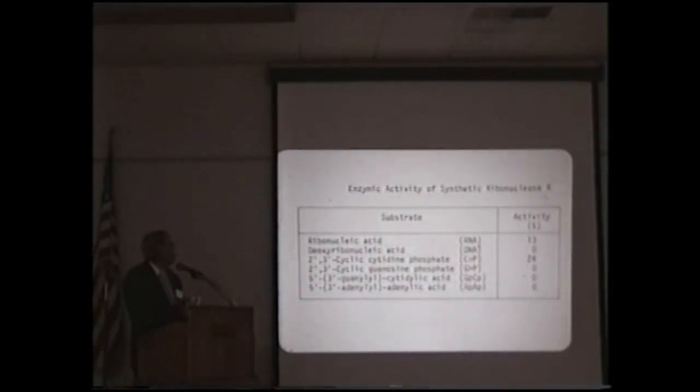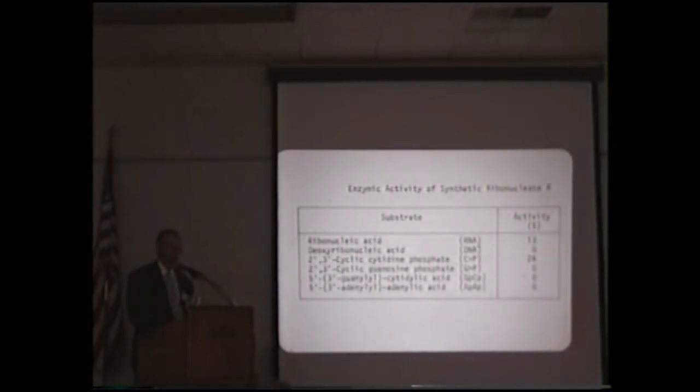And that cyclic cytidine phosphate also was a substrate, whereas the guanine or adenine containing nucleotides were not substrates. So the synthetic material did do what it was supposed to do, and that was very satisfying.